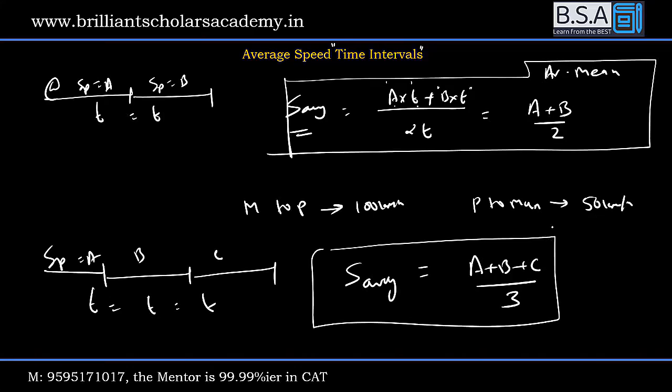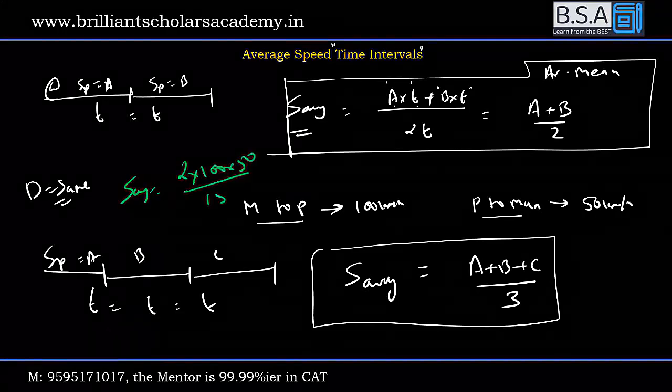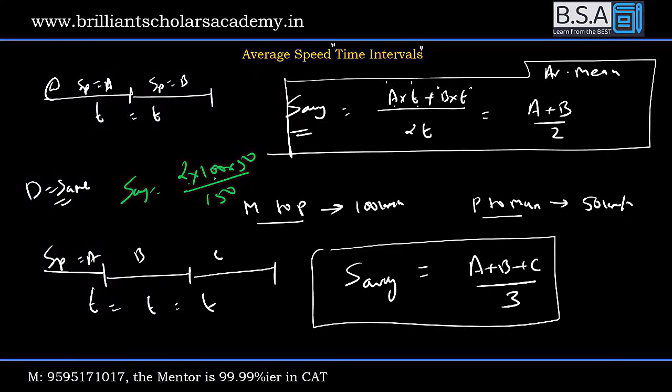Because you are going from Mumbai to Pune and Pune to Mumbai, beta, distance is the same, not the time. So your speed average would look like 2 into 100 into 50 upon 150, twice of A into B upon A plus B. Cancel, cancel. That is 200 by 3 is the speed average.